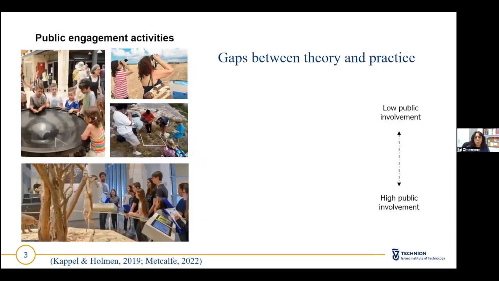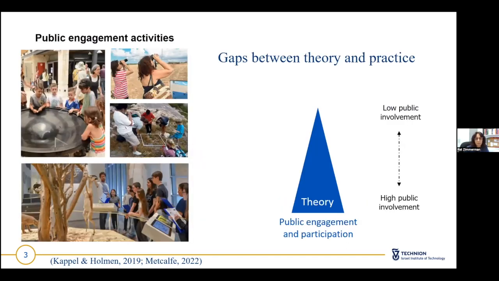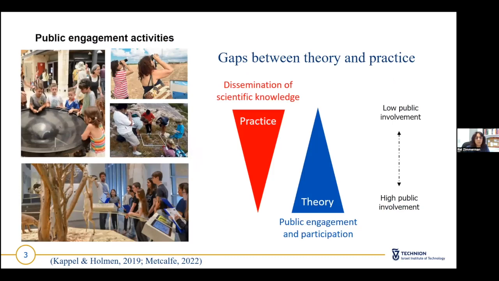However, research points to gaps between theory and practice. While theory emphasizes the importance of public engagement and participation, in practice, the public engagement activities are still focusing on the dissemination of scientific knowledge.